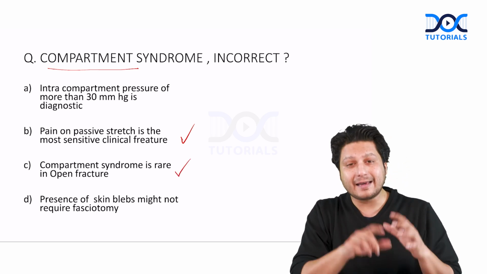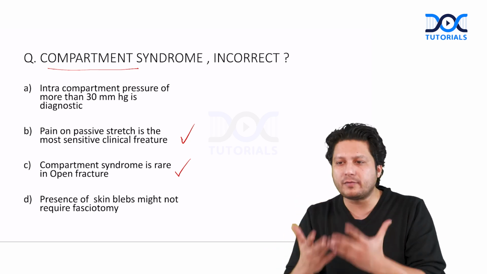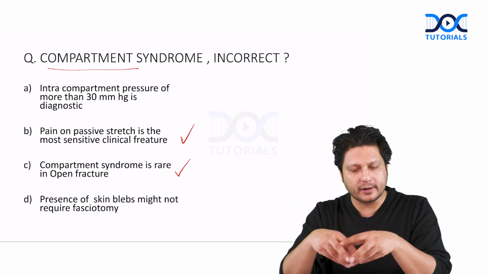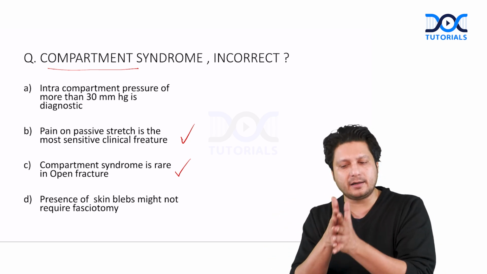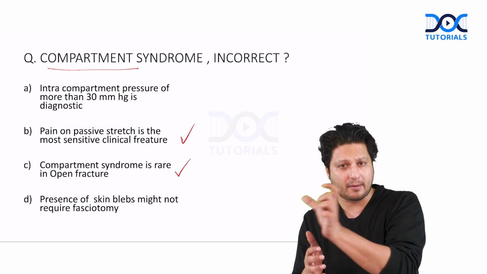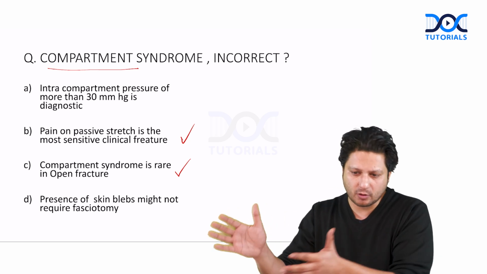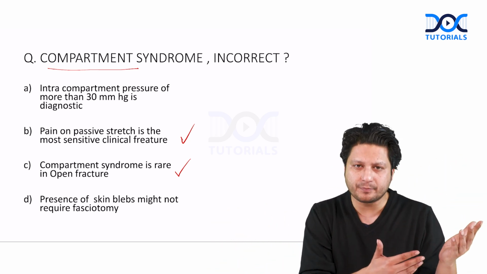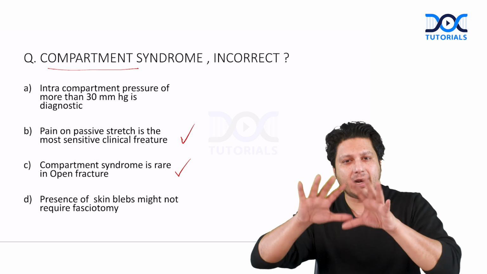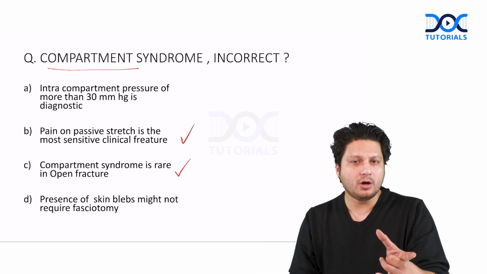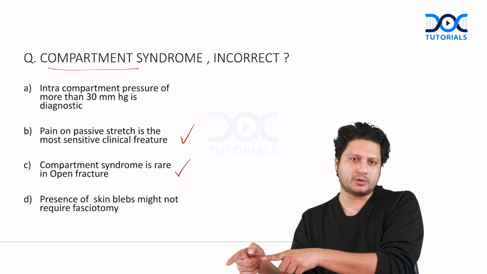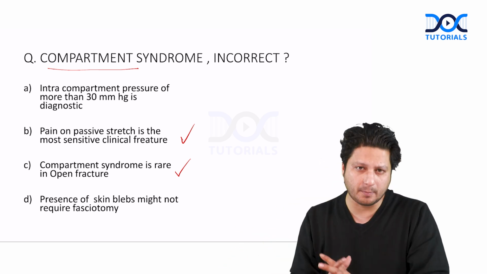Compartment syndrome is a rare phenomenon in open fracture. Obviously, if there is a fracture which is already open, then all this blood which is likely to be collected in case of a limb when the fracture would have been closed, now in an open fracture all this blood is moving out of the limb, so it is not creating a compression to the structures which are present inside. So although it can have a poor prognostic outcome, it is not going to be a compartment syndrome.